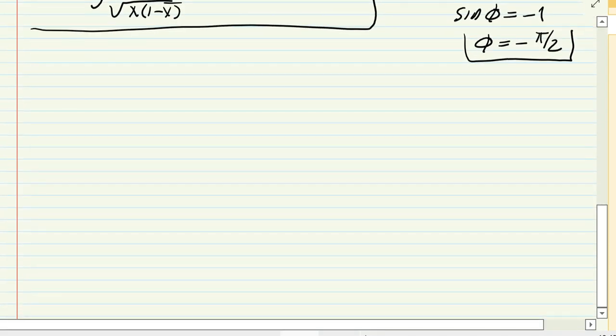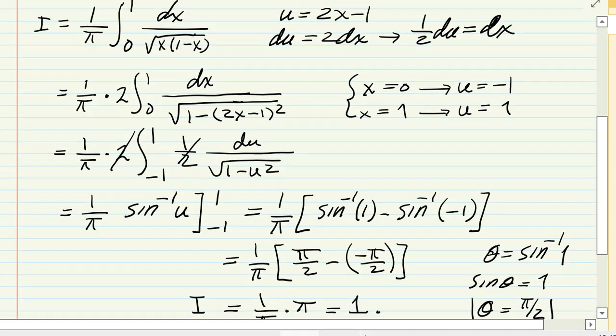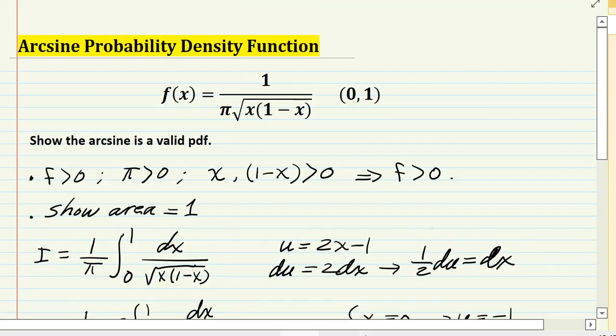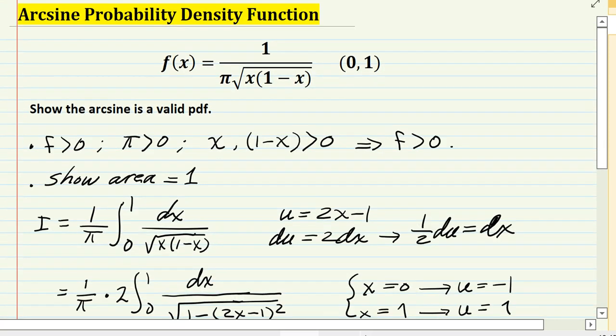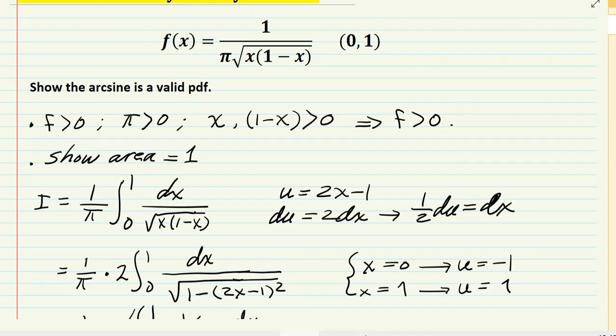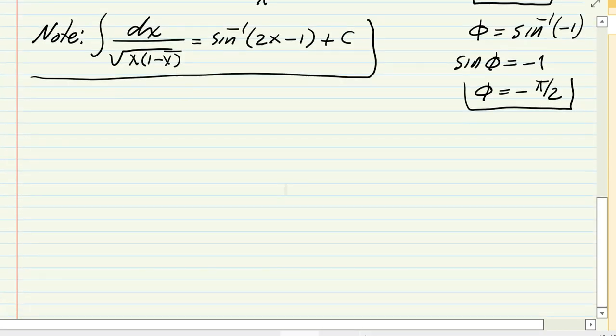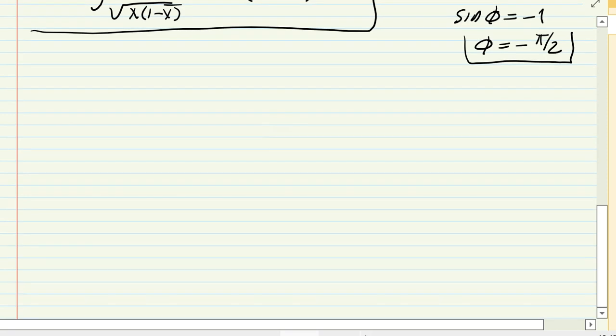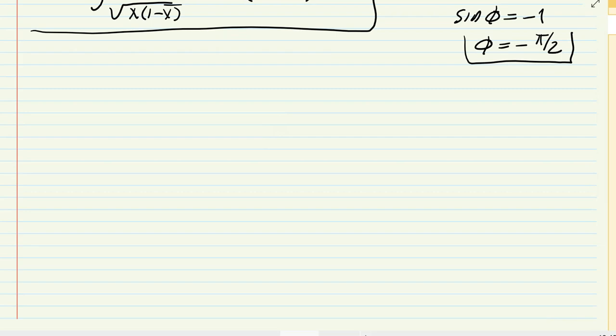Okay, so why is the distribution called arcsine, by the way? Well, because there's definitely nothing here that suggests the arcsine, right? The reason is that if you look at the cumulative distribution function, and in fact, let me do that for you real quick.